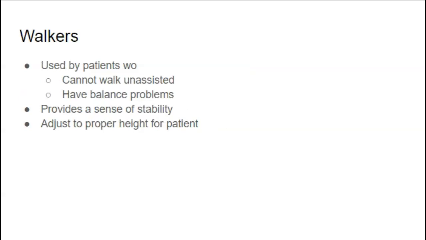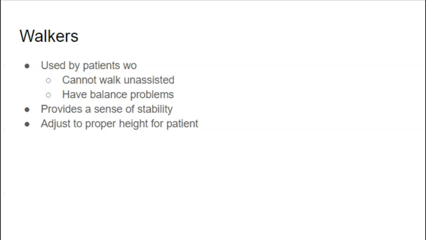Walkers should be used by patients who can walk but have balance problems. Okay, so generally they sometimes can go short distances alone, but they can't go long distances, and so they really do need to have just some extra support as they're going. Once again, it's muscular weakness. It kind of gives them a sense of stability. It does need to be appropriate for the height of the patient.